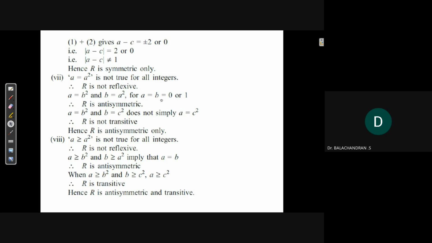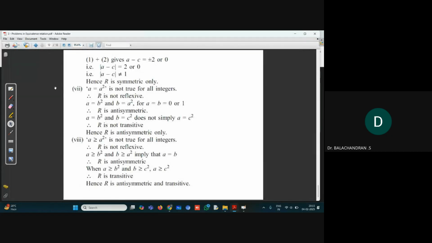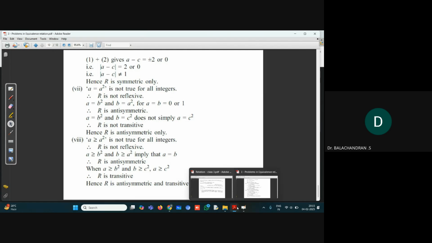Here a and b are either 0 or a and b are equal to 1. For the remaining cases, this is not true. But the antisymmetry definition says whenever a related to b and b related to a, then a equal to b.